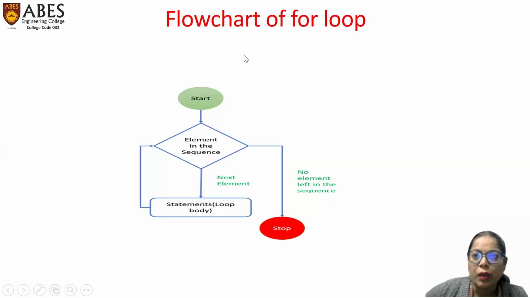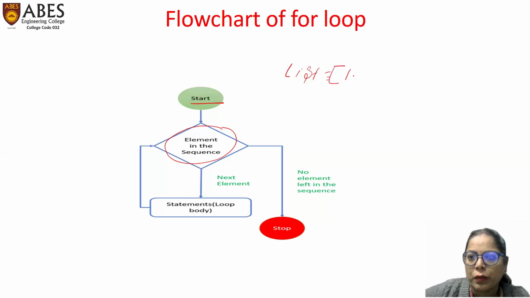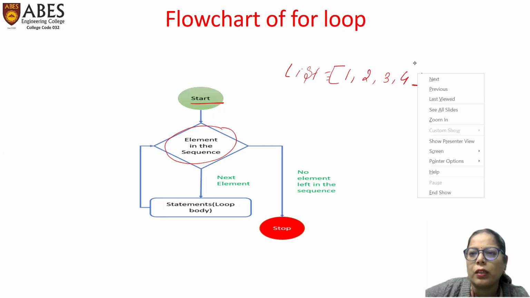Now we will see how the for loop works. For starts, and after that it checks whether there is an element in the sequence. For example, we have a list, and in the list we have 1, 2, 3, 4. These are the elements in our list.